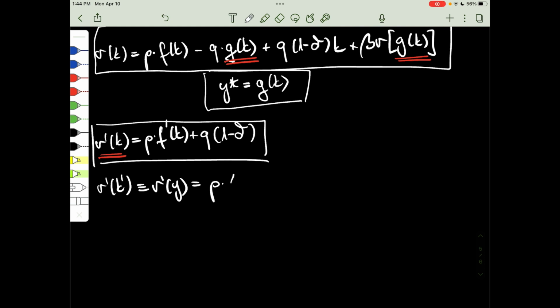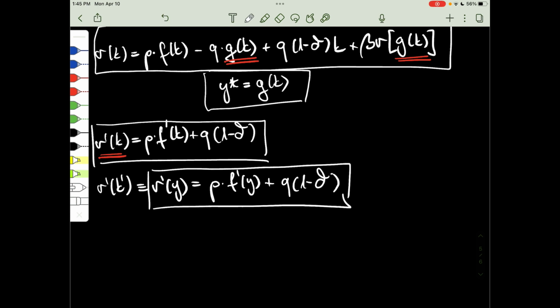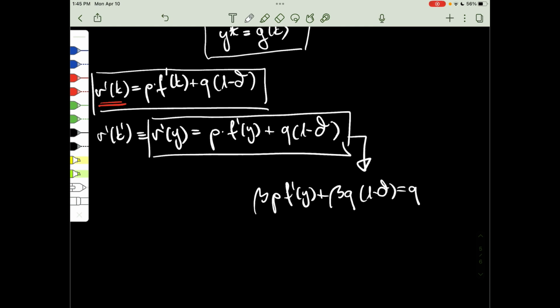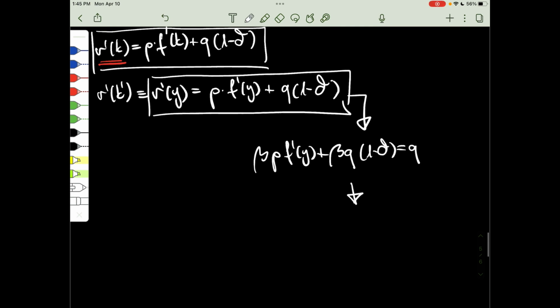So this is simple as this. So this is the function we were looking for, and from this it applies. So one more step.